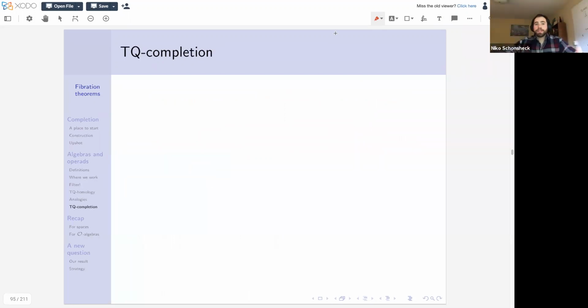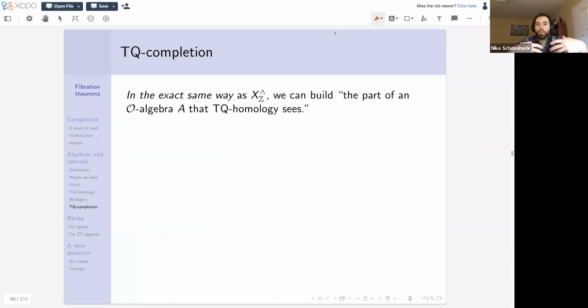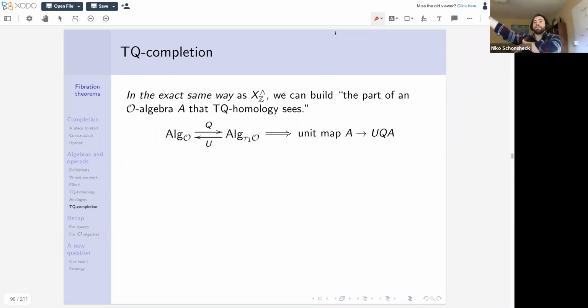So with that analogy in mind, in the same way that we built completion with respect to integer homology, I can ask for the part of an O algebra that TQ homology sees, and see if I can recover that via completion. One way to do this would be to start with this adjunction, which comes with a unit map, and then I just iterate this unit map.